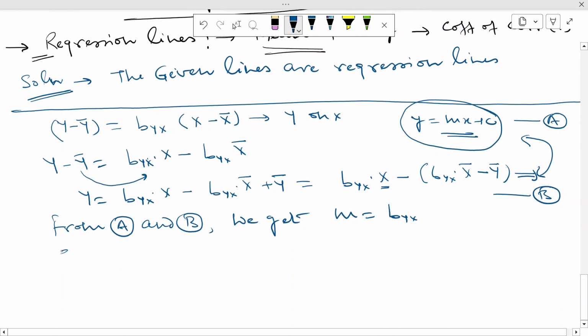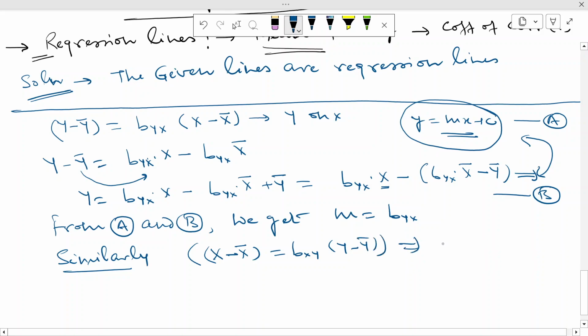Similarly, for the line x on y, we can obtain that the regression coefficient bxy will be the slope of this line.